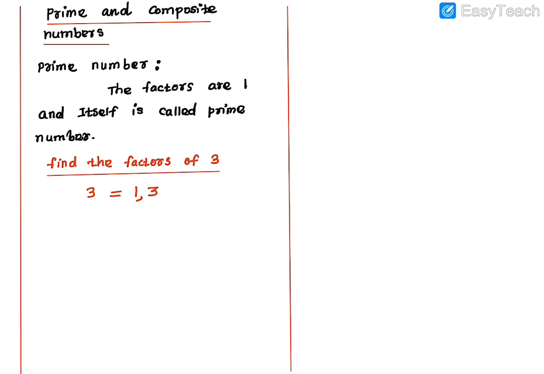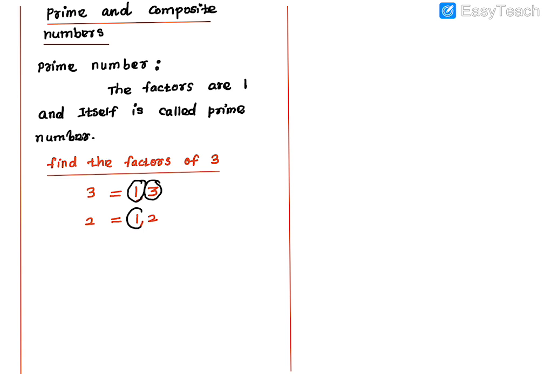Now look at one more number, 2. 1 will completely divide, because the remainder will come 0, and 2 also will completely divide. Now if you look at these numbers, for 3 the factors are 1 and 3, that means 1 and itself, only two factors.